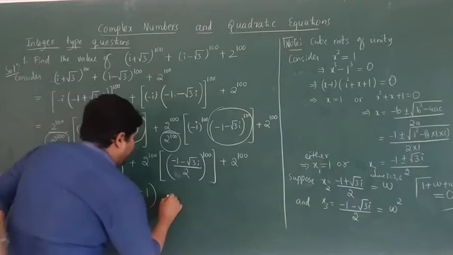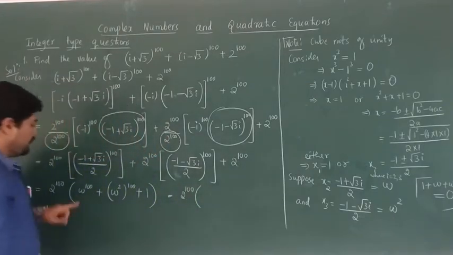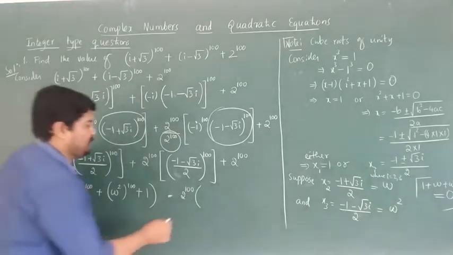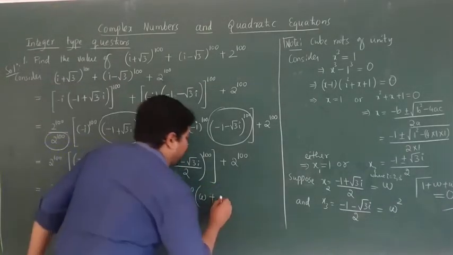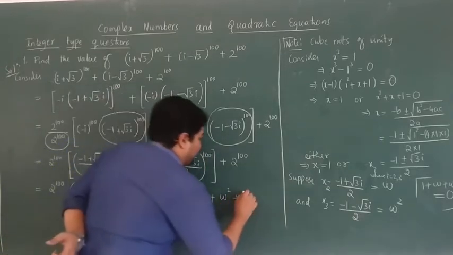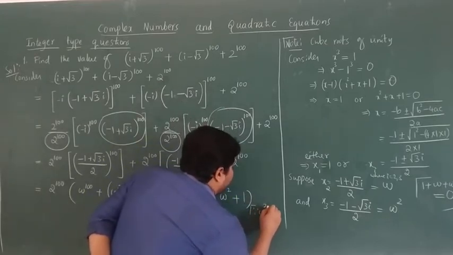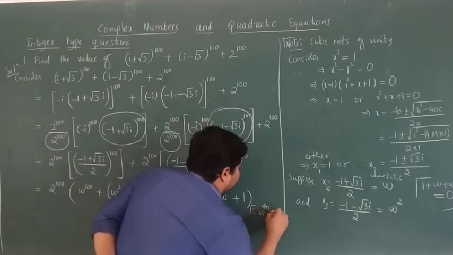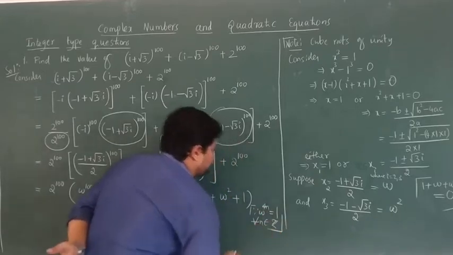Now see, 2 power 100 as it is into omega power 100 is omega itself plus omega square power 100, that is omega square itself plus 1 as it is, because omega power 4n is always equal to 1 for all n belonging to the set of natural numbers.